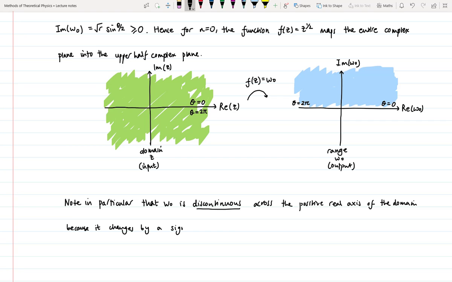We can draw another picture to make this clearer, encoding the same information that we have in the plots above.